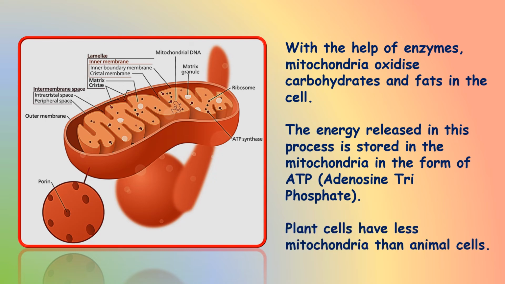Plant cells have less mitochondria than animal cells because plant cells don't need so much energy like animals. So they have less mitochondria, and because it makes energy, it is called the powerhouse of the cell.